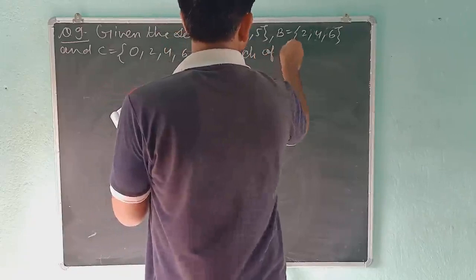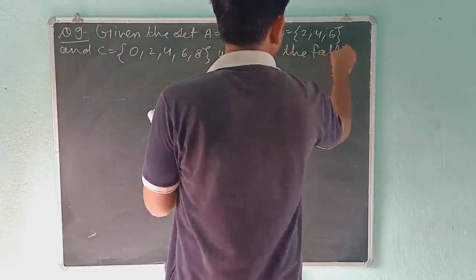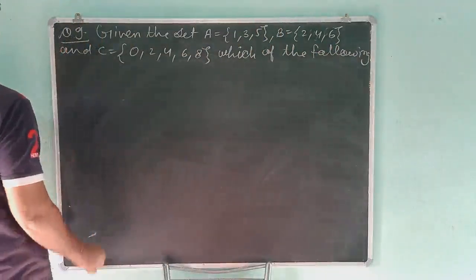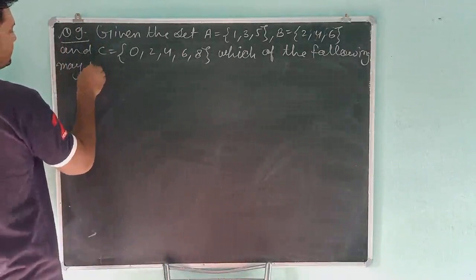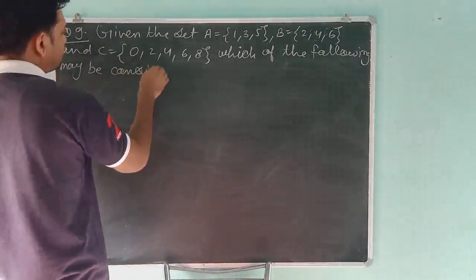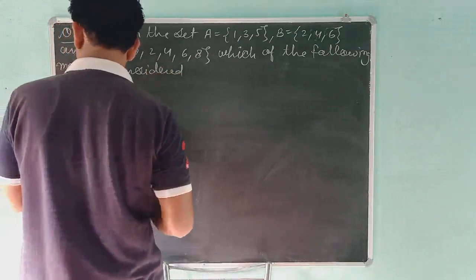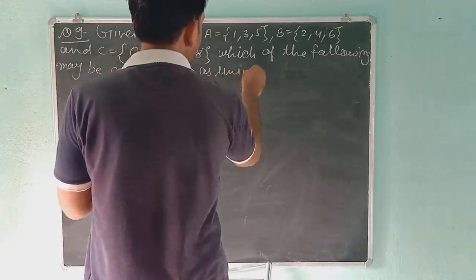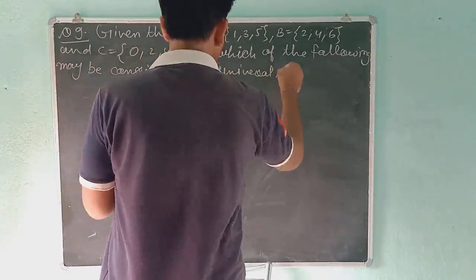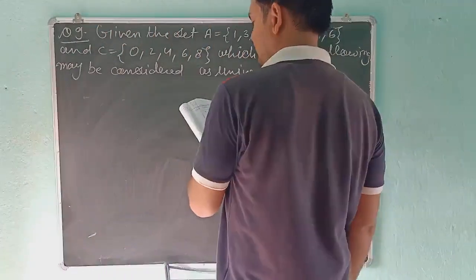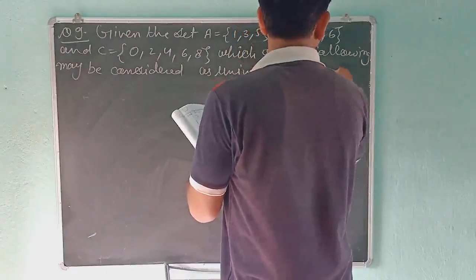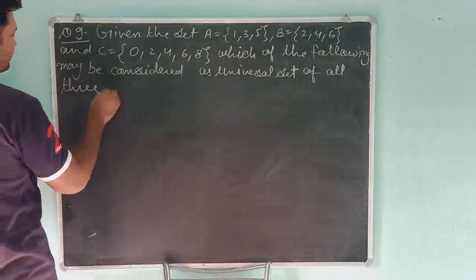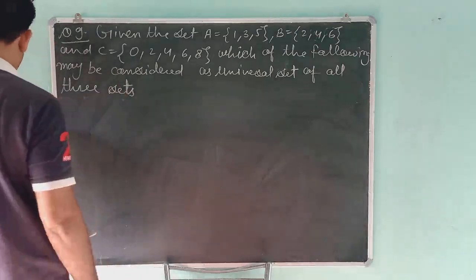Which of the following may be considered as a universal set of all three sets A, B, C?